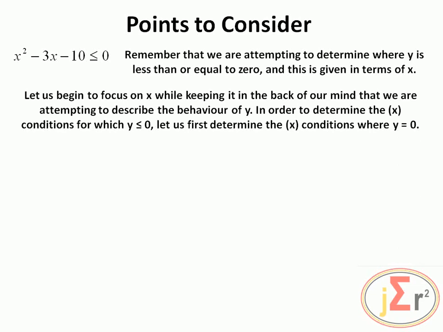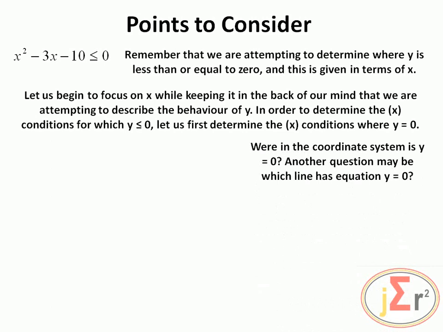In order to determine the x conditions for y less than or equal to 0, let us first determine the conditions where y is equal to 0. So then, if we are going to determine where y is less than or equal to 0, we will begin at the point where y is equal to 0.